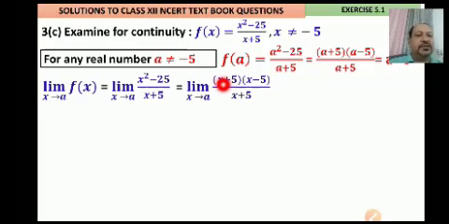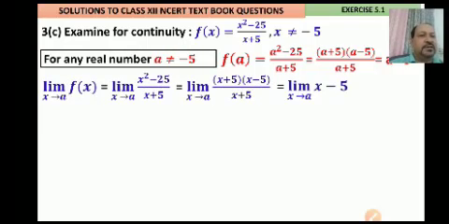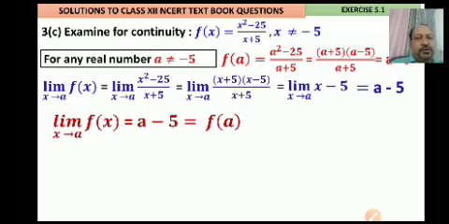Again, you can factorize the numerator part of this function, and x plus 5 and x plus 5 will be cancelled out, and you will get the limit x goes to a of x minus 5 only. Limit x goes to a of f of x equal to a minus 5, equal to f of a.